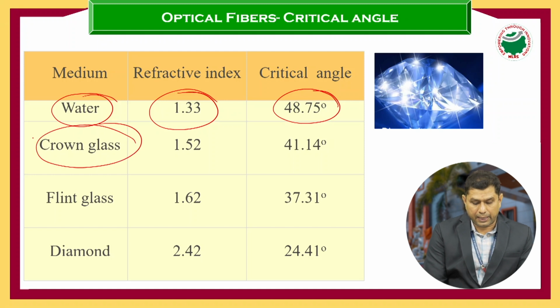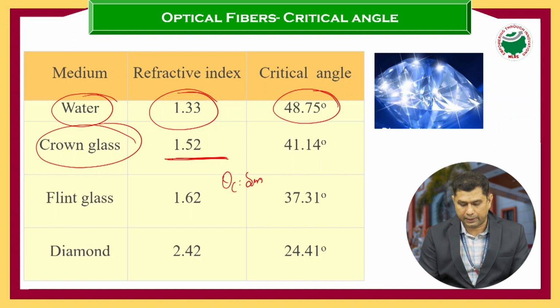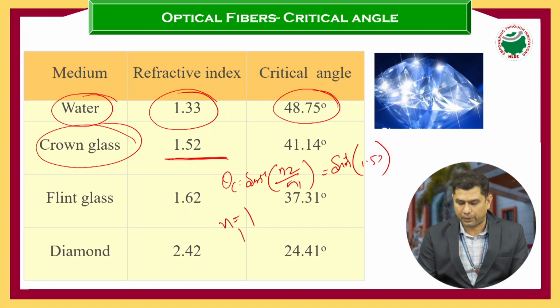When we consider crown glass, usually this crown glass we use in our spectacles, its refractive index is 1.502. Then how will you calculate the critical angle? Just now I showed you, sin inverse of n2 by n1. Here I consider n2 as 1, so sin inverse of 1 by 1.502, which is nothing but 41 degrees.